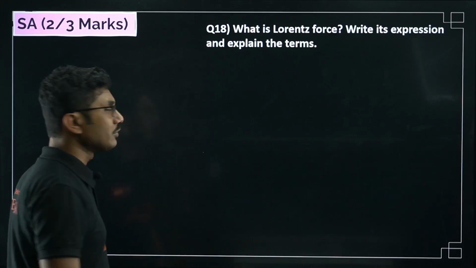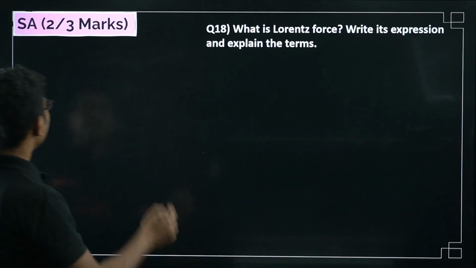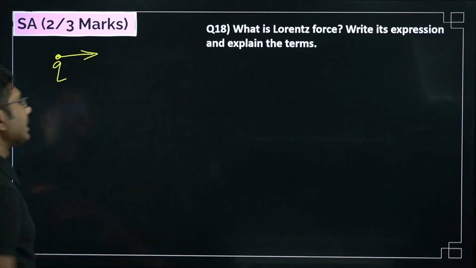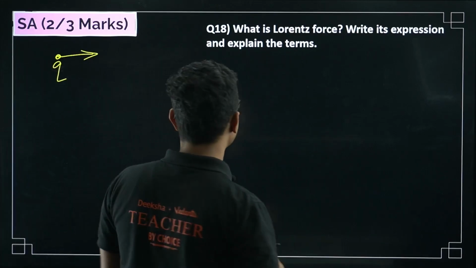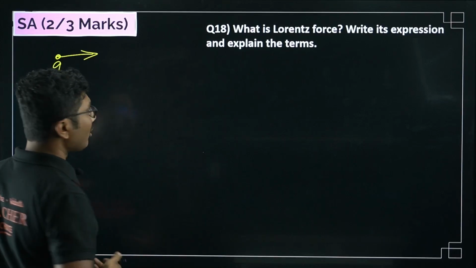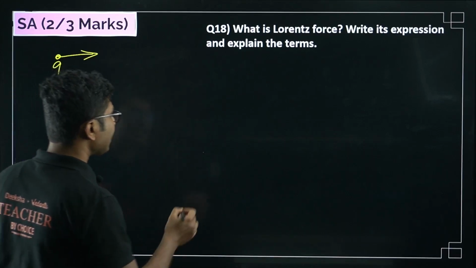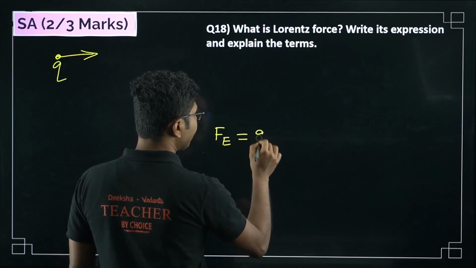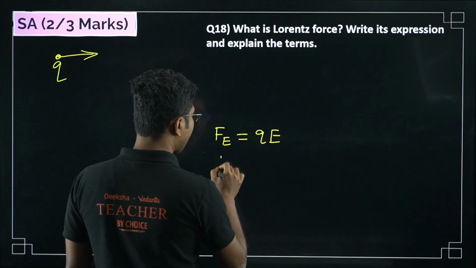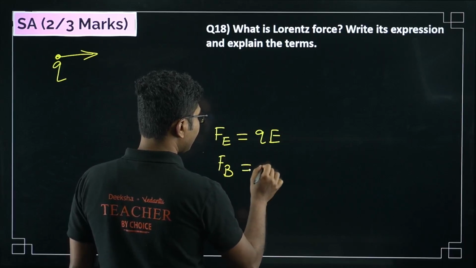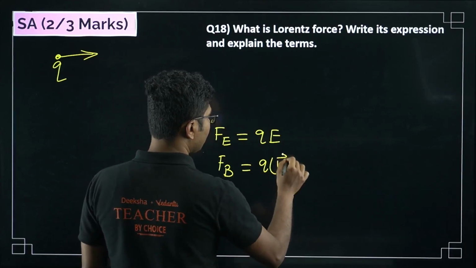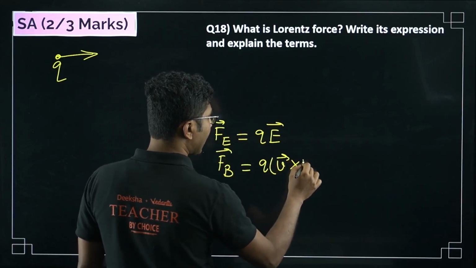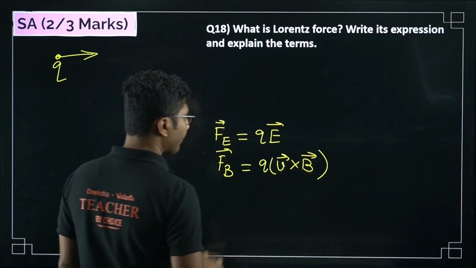Lorentz force is the force experienced when a charged particle moves in an electric and magnetic field. Now the expression: there are two forces. One is the electric force, which is Q into E, and there is a magnetic force, which is Q into V cross B. This is a vector quantity and the law is a vector law, so you have to write it in terms of that.